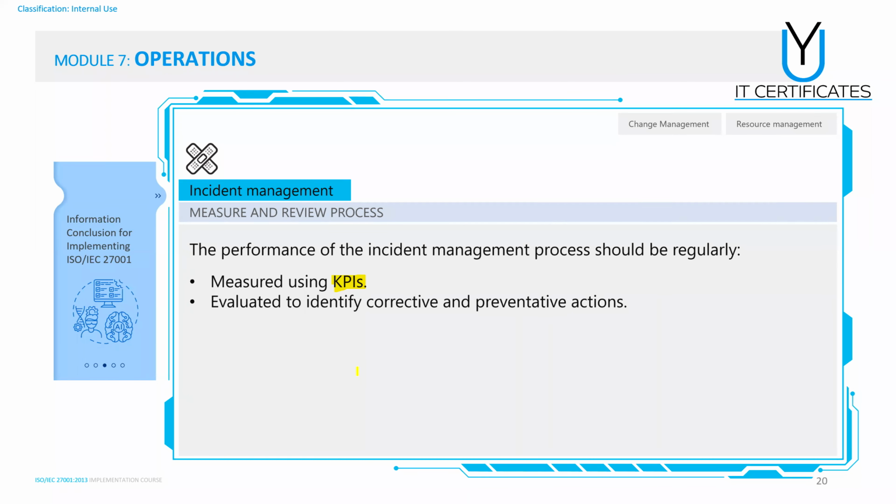For example, you monitor the number of incidents reported every week, the number of incidents fixed, the number of recurrent or repeated incidents, and so on. These are attributes you monitor to make sure that the incident management process is configured correctly. Also, you have to identify the corrective and preventive actions.